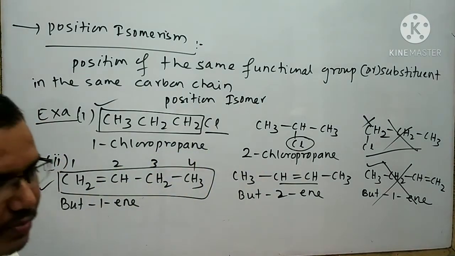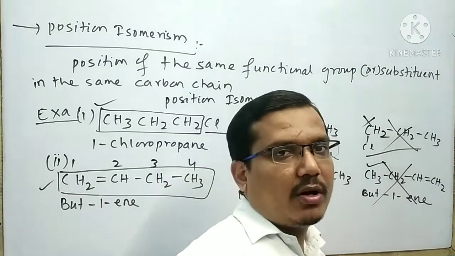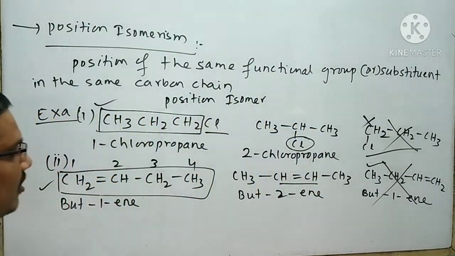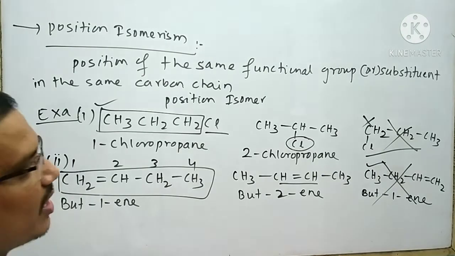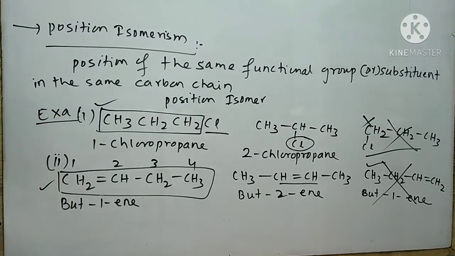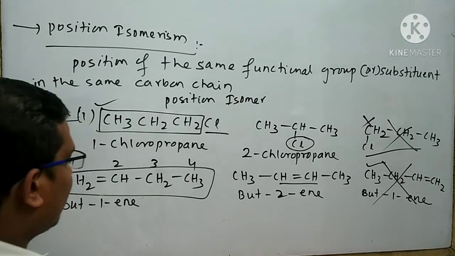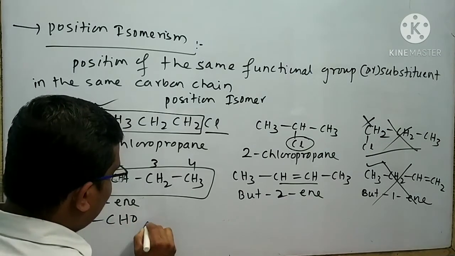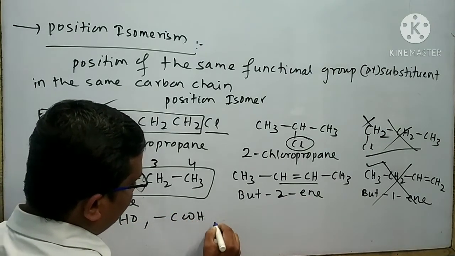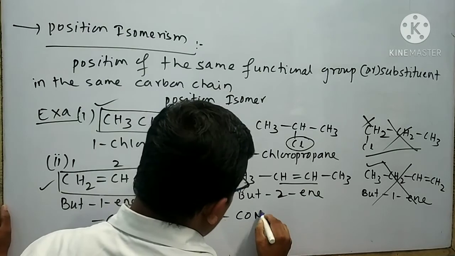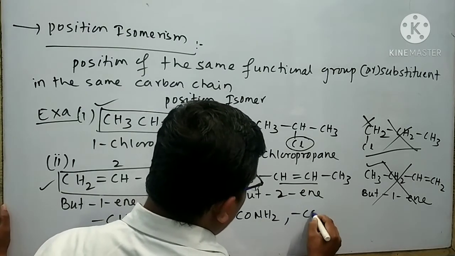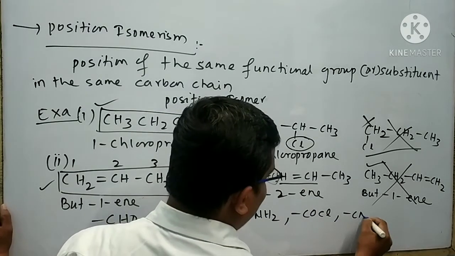Remember an important point. Generally, there are two types of functional groups. One is your terminal functional group, another is the simple functional group. Bond CHO, bond COOH, bond CONH2, bond COCl, bond Cl.